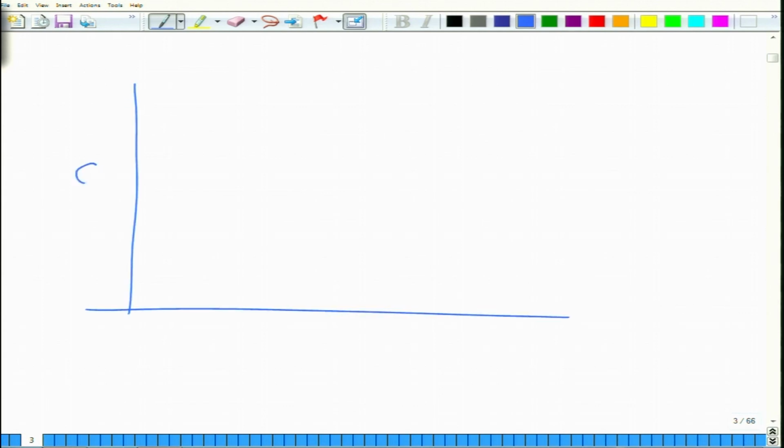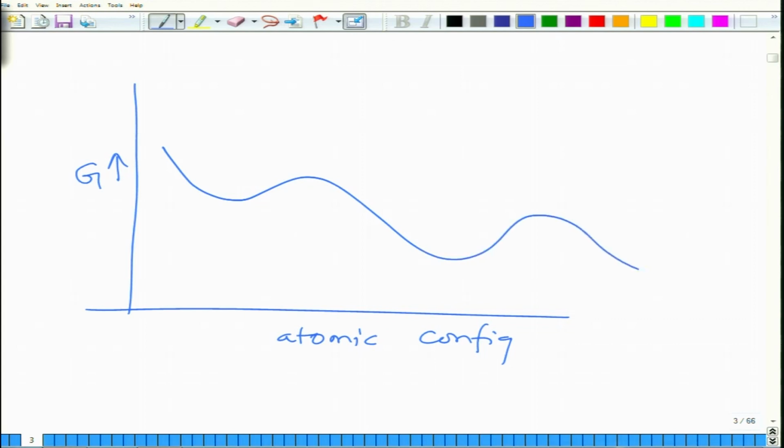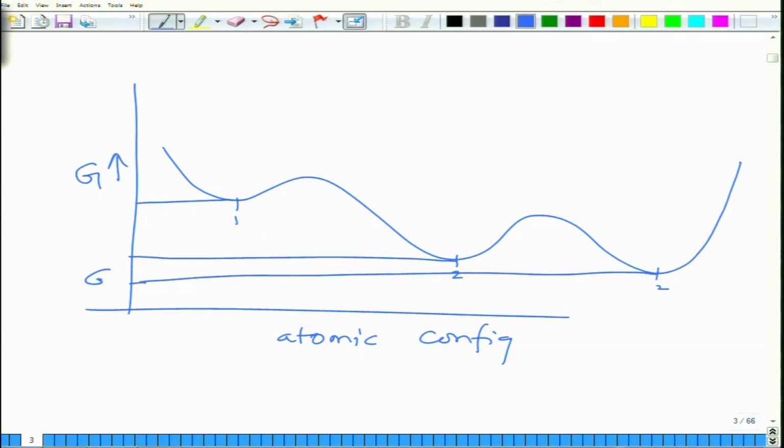So this is the free energy, and this is, let us say, the atomic configuration. You can have a free energy structure like this. You can see that there are local minima. This is, for example, 1, this is 2, this is 3, and you can see that they have corresponding minima.